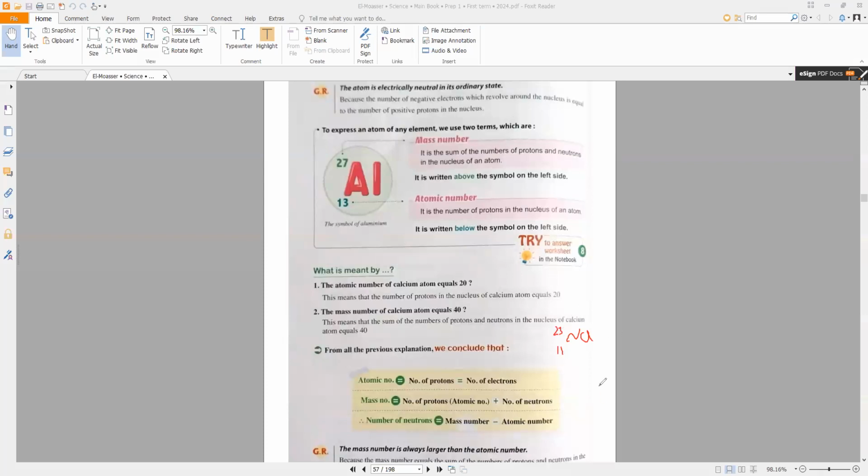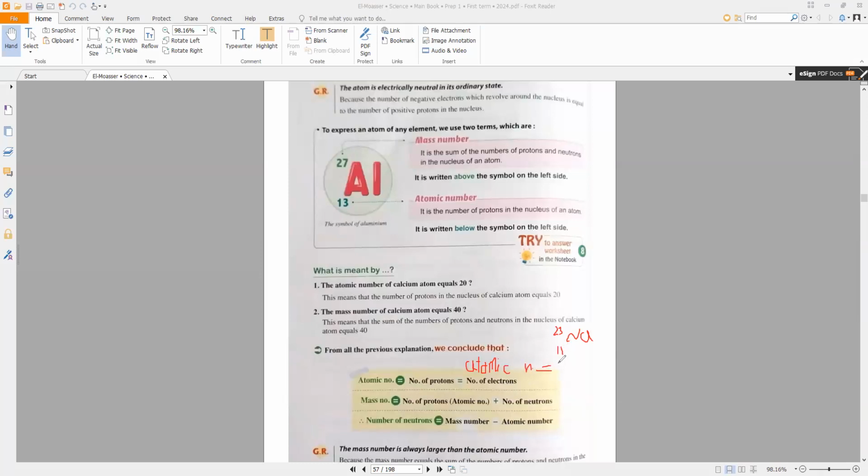So if I give you this symbol and I want to calculate, number one, the atomic number. The number that is written below the symbol on the left side is called the atomic number.